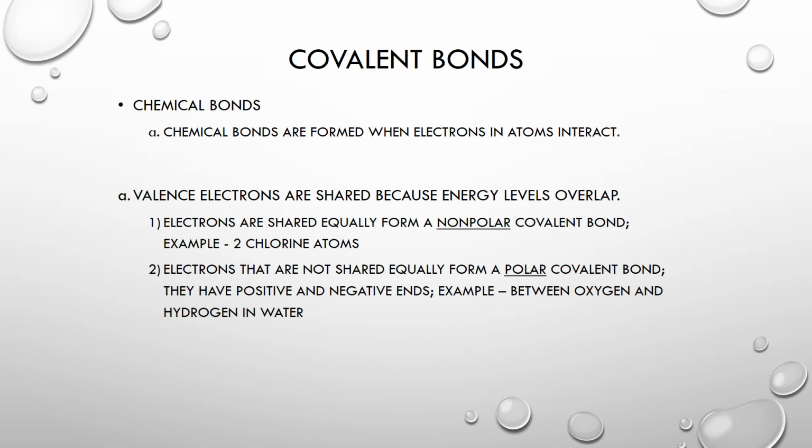Valence electrons are shared because energy levels will overlap, okay? For example, hydrogen has only 1 electron. It needs 1 more to fill its inner shell, so it can form a bond because it wants to have a complete shell, as a stable, happy molecule.